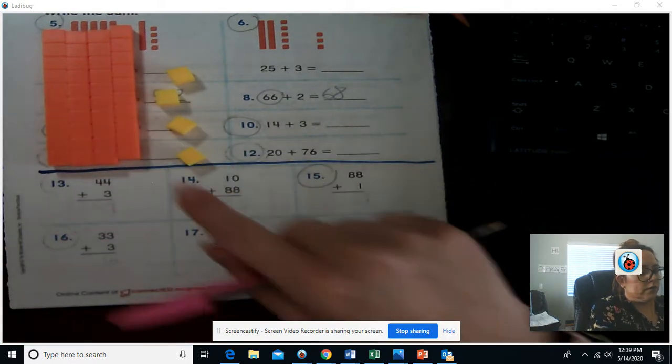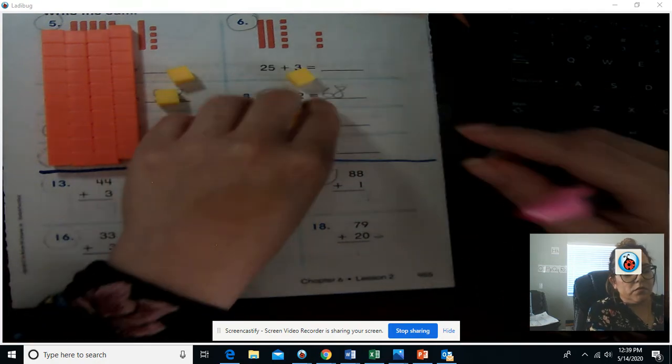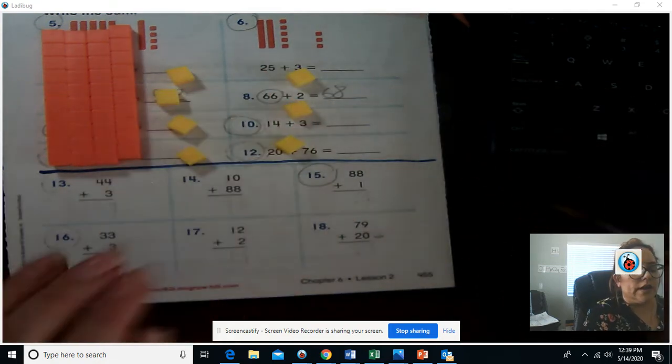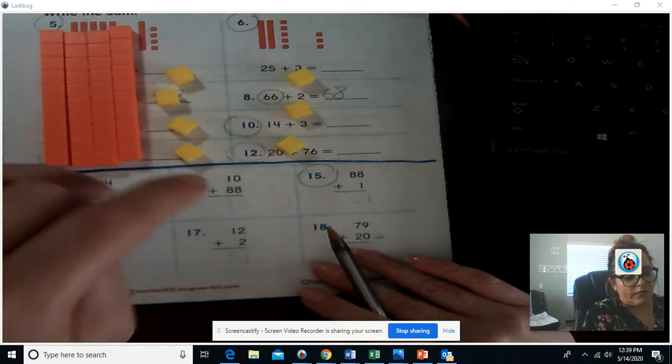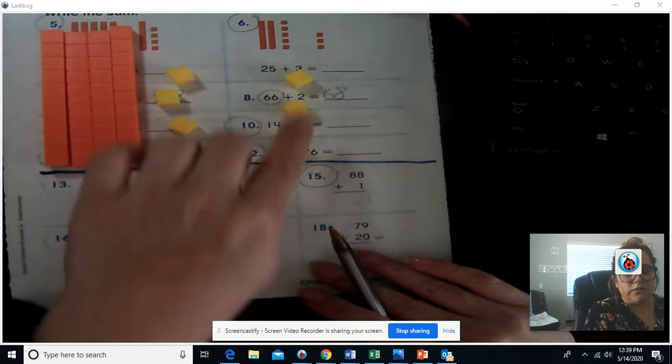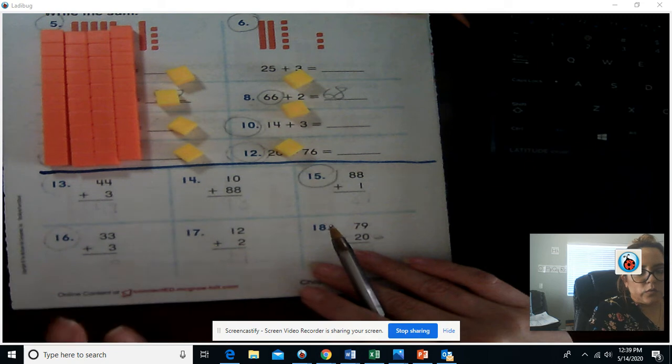So I would do 44 plus 3 more, and I would add. So I know that this is 44, 45, 46, 47. That's one way I can do it.